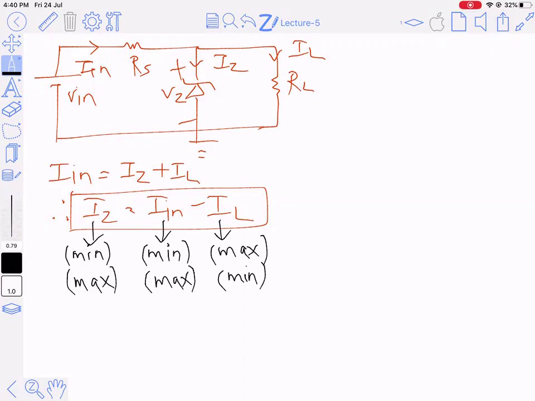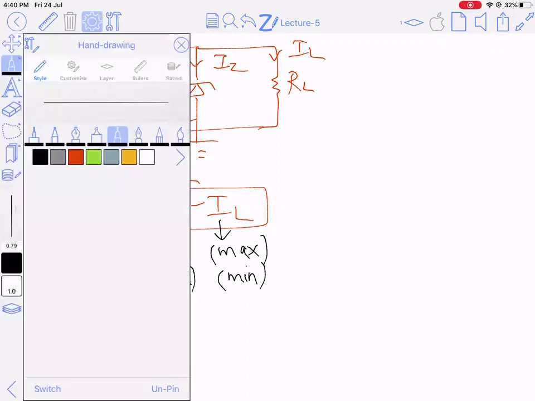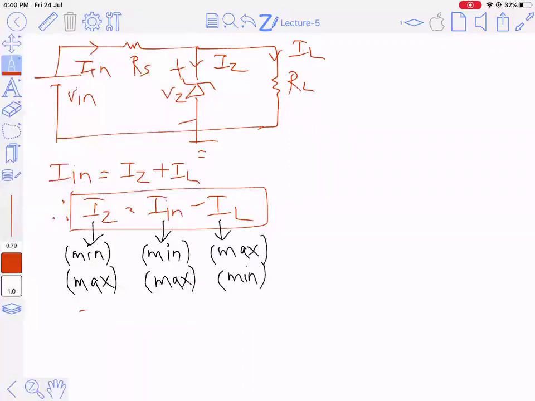One more formula that we saw is how to write In: it is the difference in voltage, Vin minus Vz, divided by Rs. And we also know that IL is nothing but Vz upon RL.